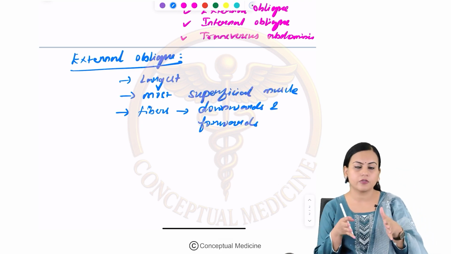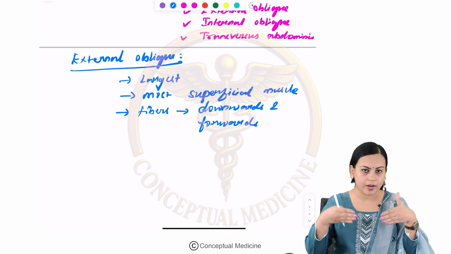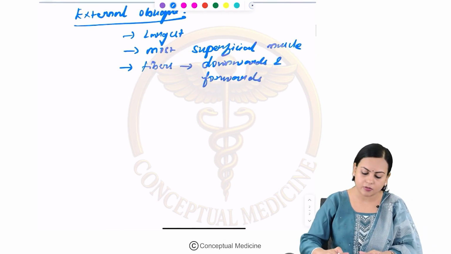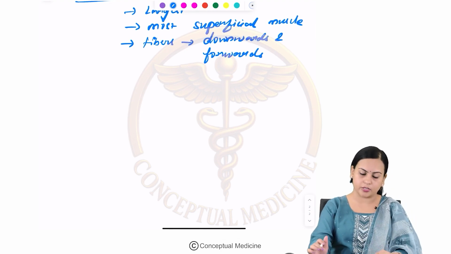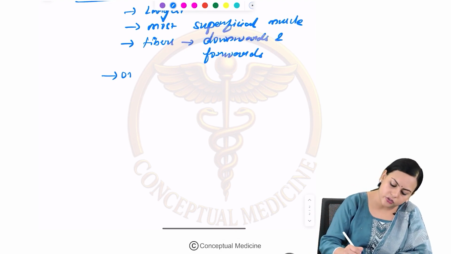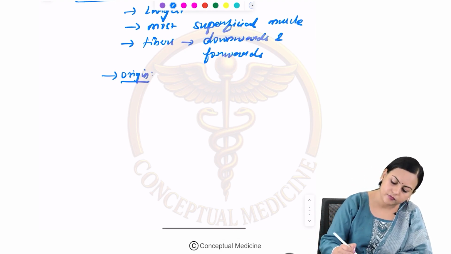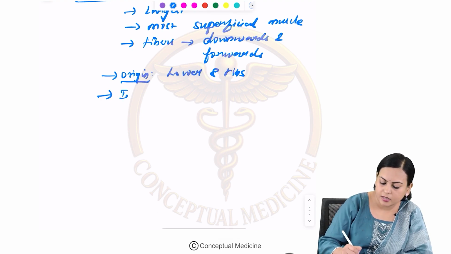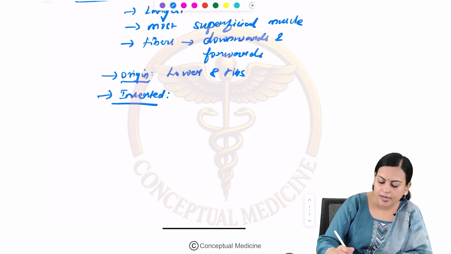Just like how if you leave your hands into your pocket, how your hands will be directing? It will be directing downwards and forwards. So that's how the fibers of this muscle also is oriented.